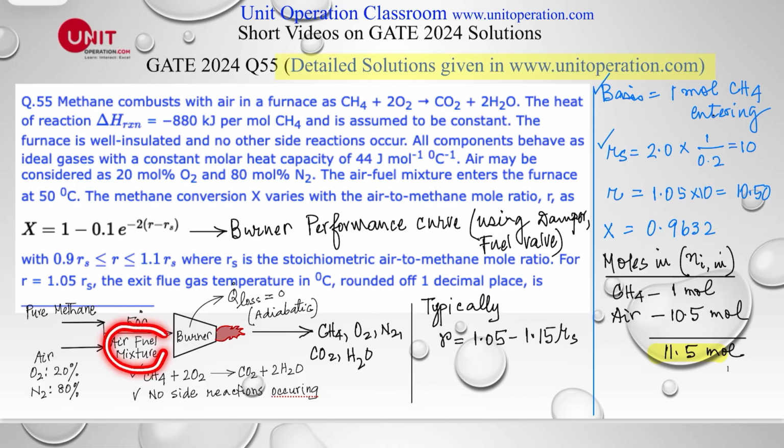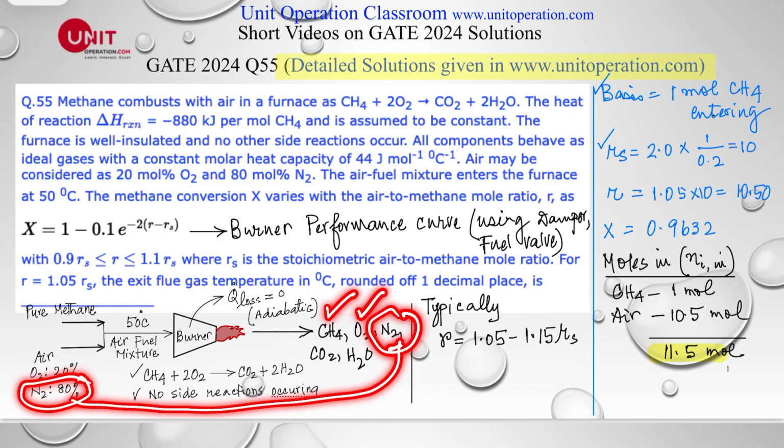The final temperature T is what we have to calculate. The reactants are of course methane, oxygen, and nitrogen, and the products are unreacted methane and unreacted oxygen, nitrogen, which is inert and goes directly through, and carbon dioxide and water.